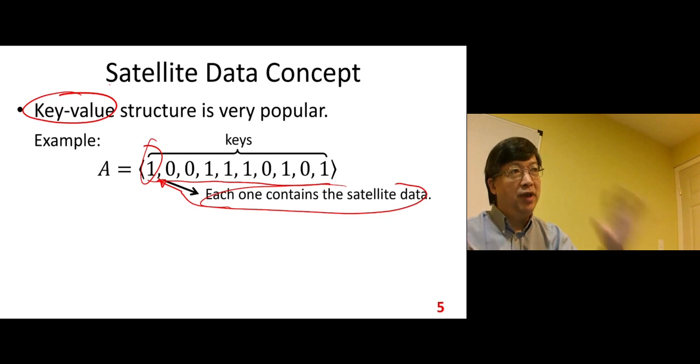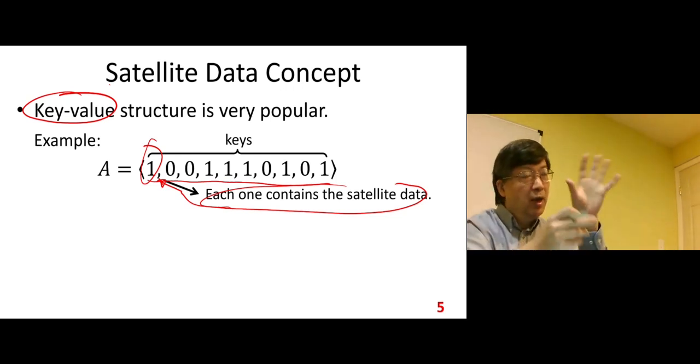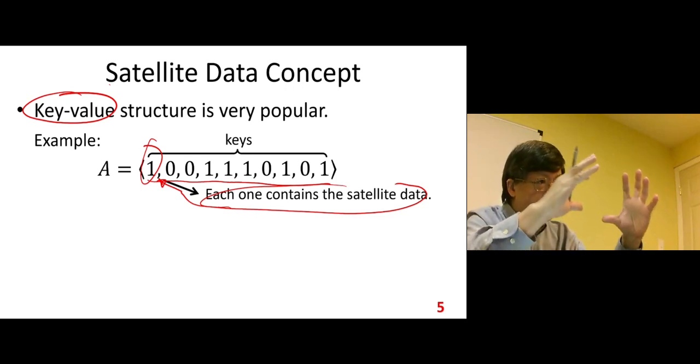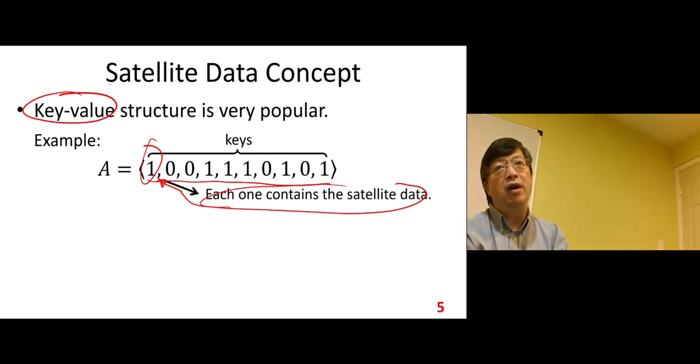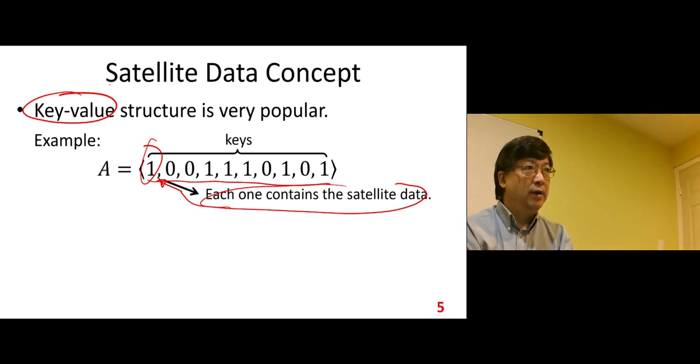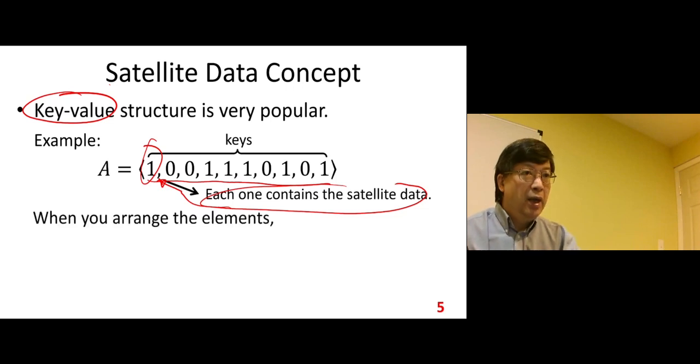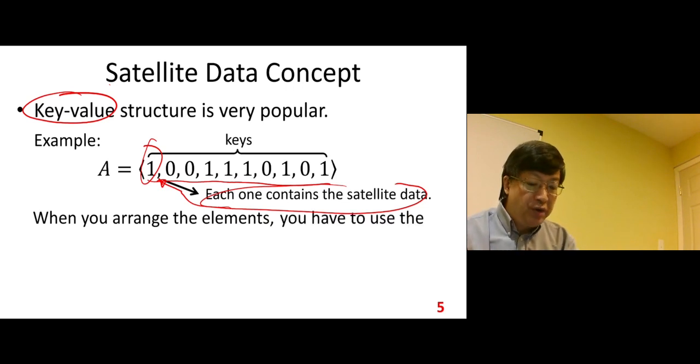The key you can use for search purposes, but behind the key there is a block of useful data. So we call it satellite data. It could be very useful, so we don't want to throw it away. We need to carry the satellite data all the time when you move the array elements. So when you arrange the elements, you have to use the original elements that carry the satellite data.